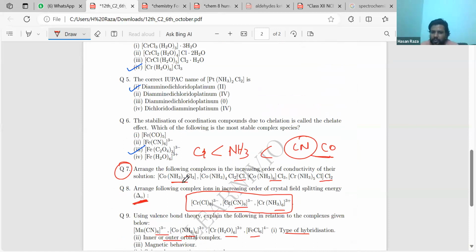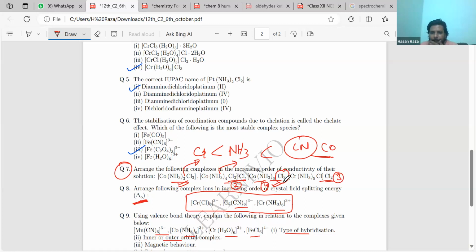This does not dissociate inside the bracket, but outside the bracket it can dissociate. This will not dissociate. That means it will be as it is. This will be dissociated into two parts, 1 and 1. 2 ions are there. Here it will be dissociated into 3 and 1. 4 ions will be there. Here it will be 2 and 1. 3 ions will be there. The one which has more ions will have more conductivity, right?